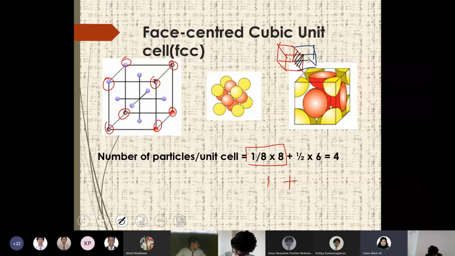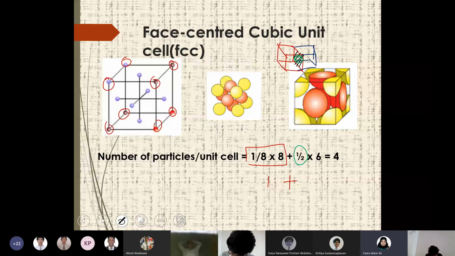Is that clear? Yes, ma'am. So that means if you have a particle at the center of this face, that particle is shared by the 2 unit cells. So the contribution will be half. So one particle at the center of a face is shared by another unit cell as well.